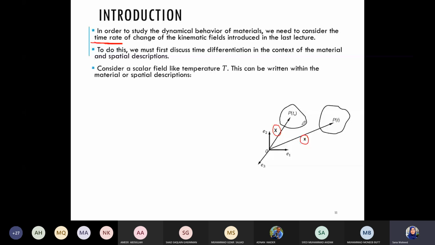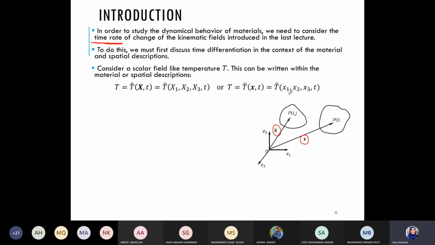So of course, when I write it down, I can write down that my same temperature field in the material description is something like so. It's a function of capital X1, X2, X3 and time. Whereas in my spatial description, the same temperature field could also be represented in terms of the small x's and time.